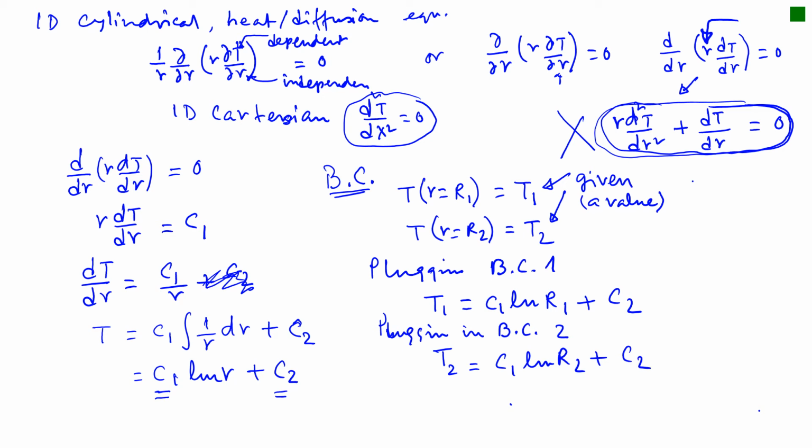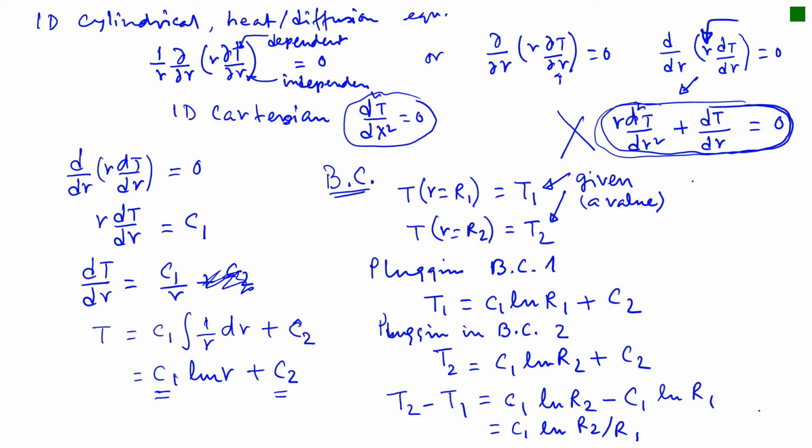So subtracting, I get T2 minus T1 is equal to C1 natural log of r2 minus C1 natural log of r1, which is equal to C1 natural log of r2 over r1.